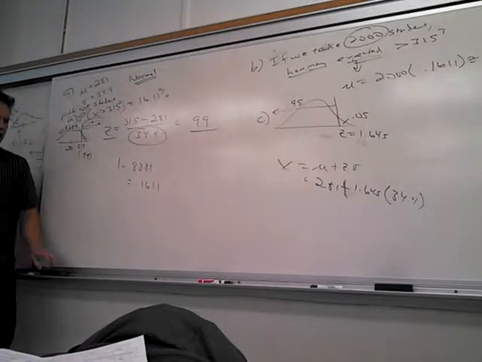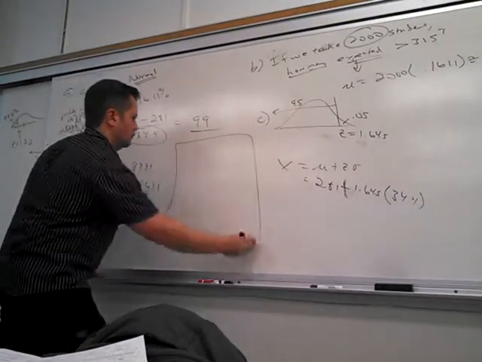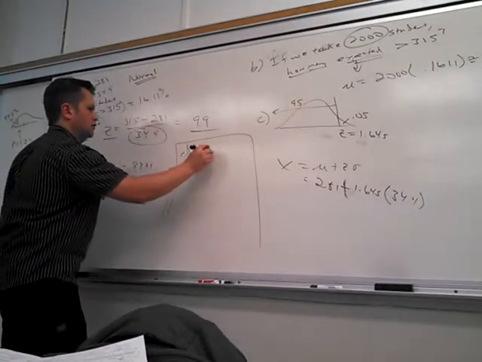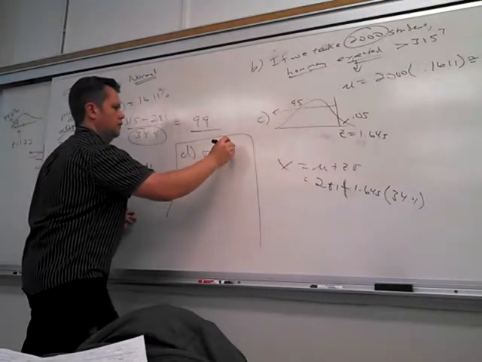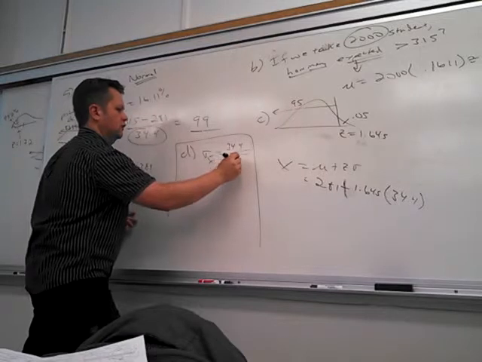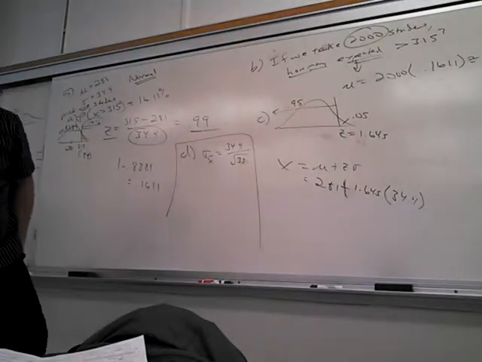So the only change for Part D, where can I put this? The first thing I've got to do is change the standard deviation. It used to be 34.4. Now I divide that by the square root of, what was it, 33? Because I took 33 students.